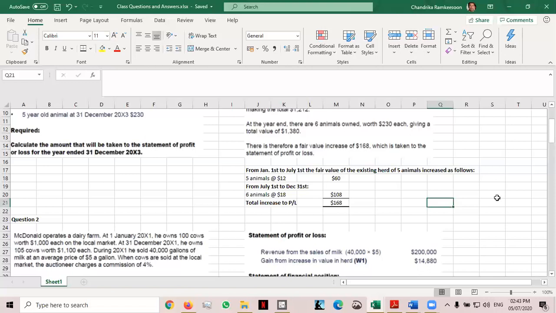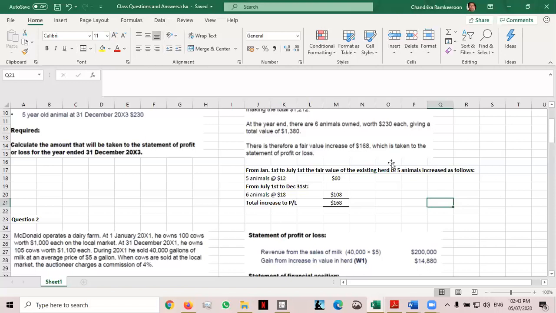Now this calculation could also have been done as a total. In other words, you could have taken the total value of the 5 animals at 1st January and compared them with the 5 animals at 31st July, and then with the 6 animals at 31st December, but you had to do it step by step.